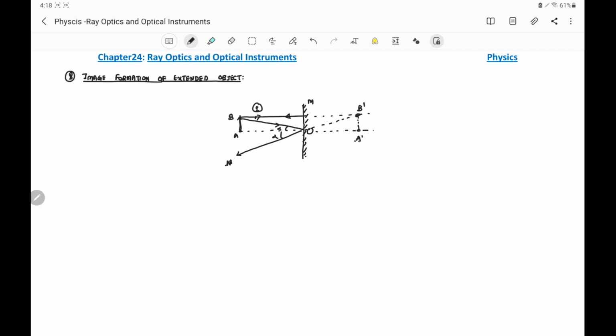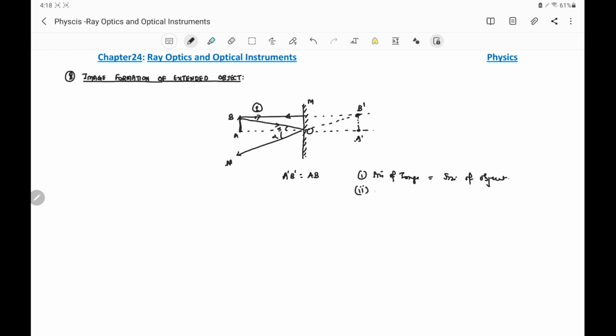From geometry we can easily prove that A dash B dash is equal to AB, that is, the size of the image is equal to the size of the object.